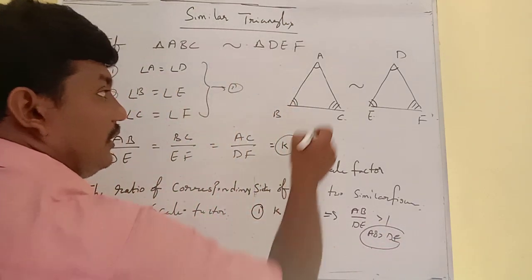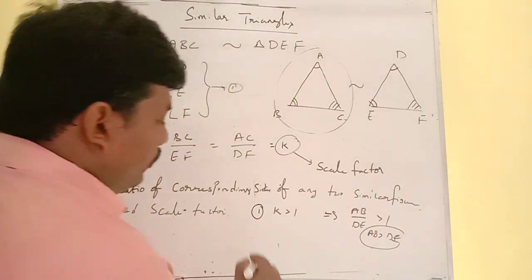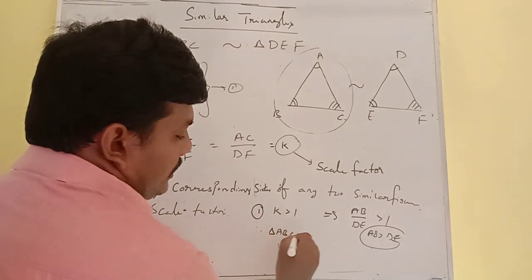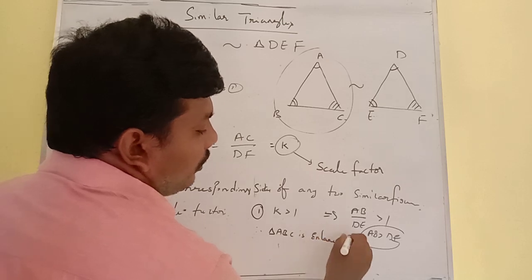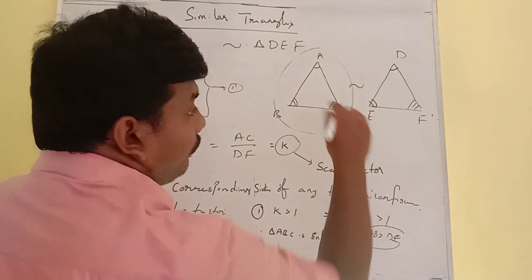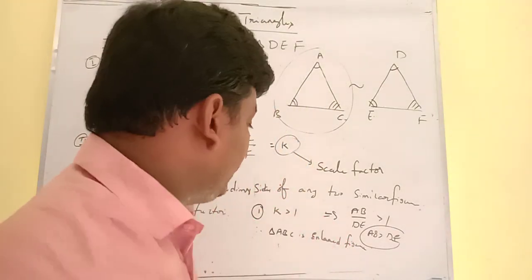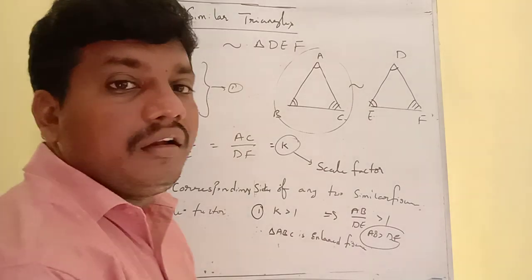So what it indicates is that the given first triangle ABC is an enlarged figure when compared to DEF. This is called scale factor greater than 1: the given figure is an enlarged figure.